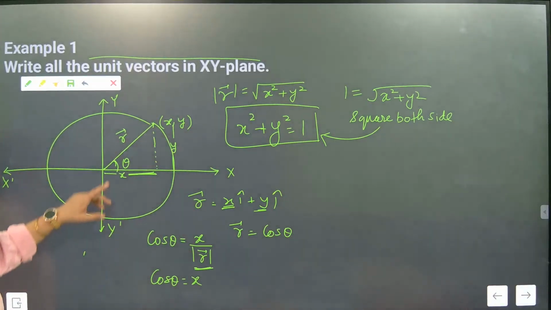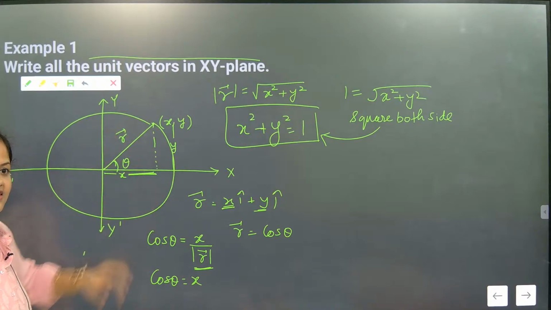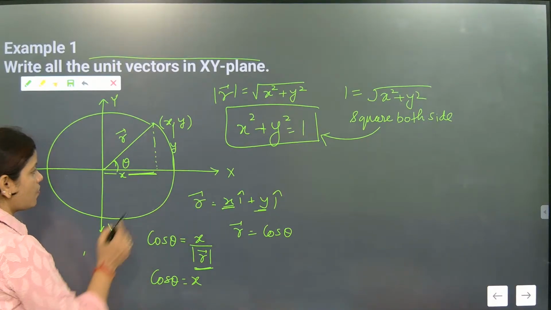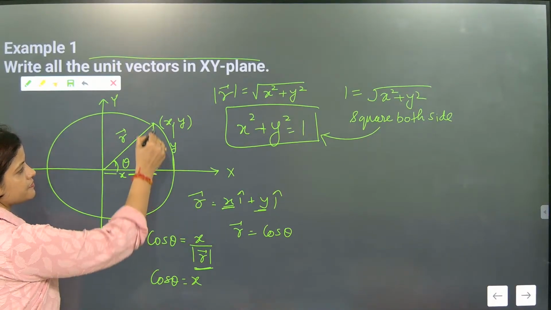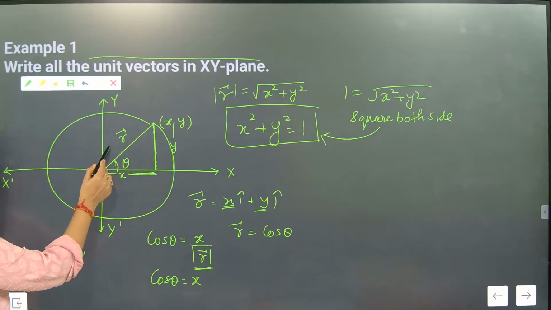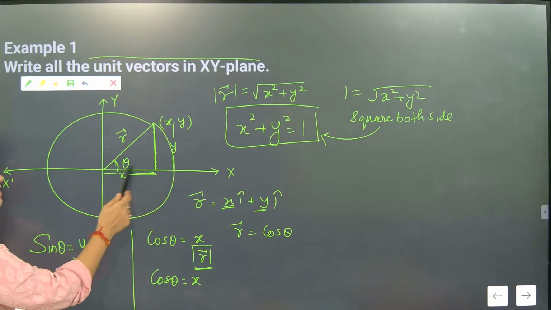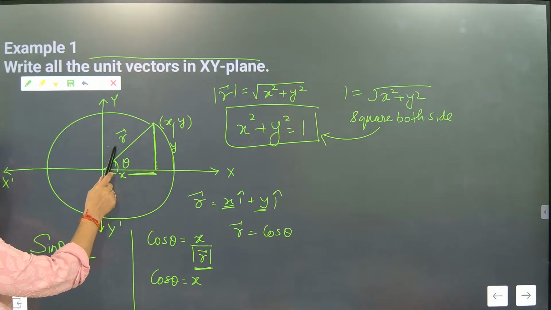So now look here. This is exactly how much angle you can move, from 0 to 360. What about y? Y means this part. This is the perpendicular and this is the hypotenuse. What are you going to write? Sine theta is equal to y by hypotenuse, because sine theta is perpendicular by hypotenuse.